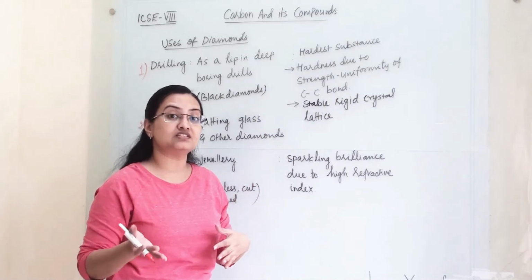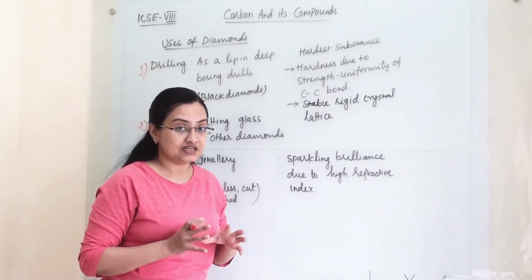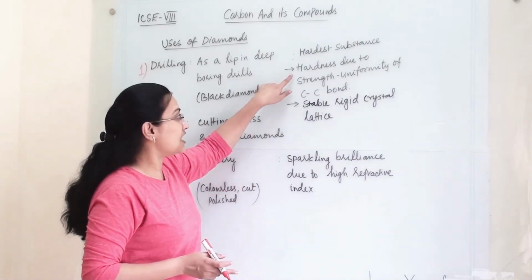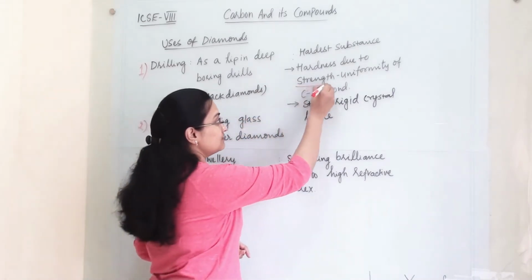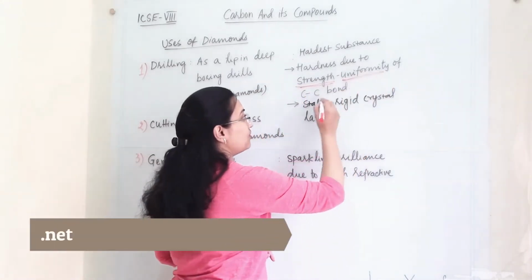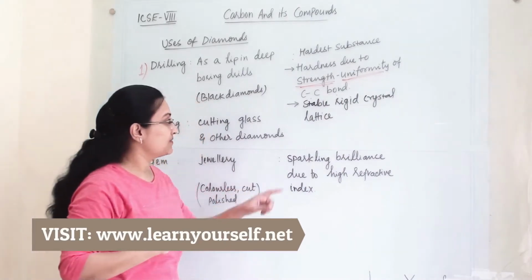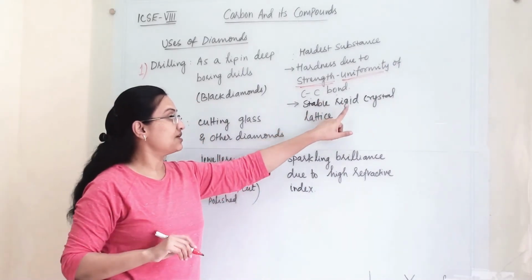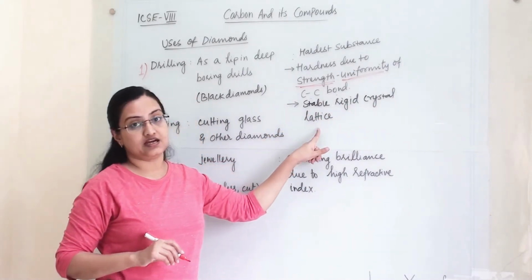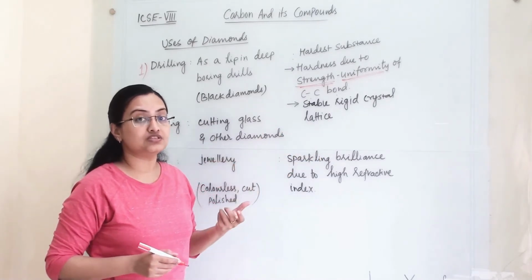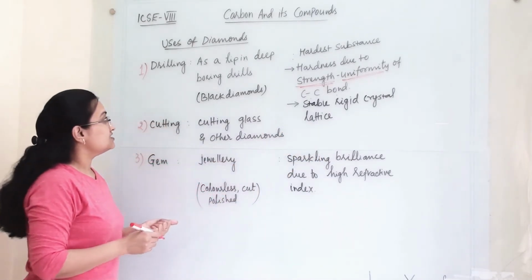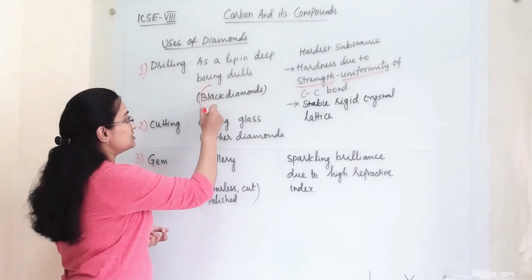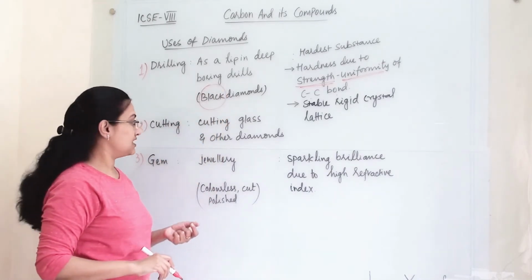Earlier we discussed that it has an octahedral lattice structure, and it is a stable, rigid crystal lattice. That's why we can use it in boring drills. Generally, black diamonds are used for this.